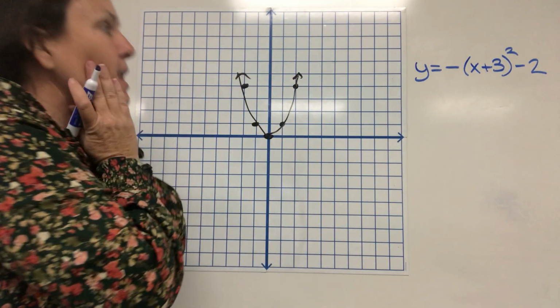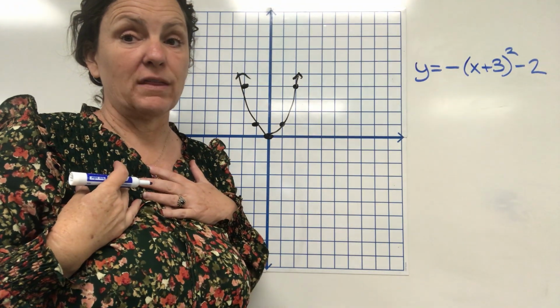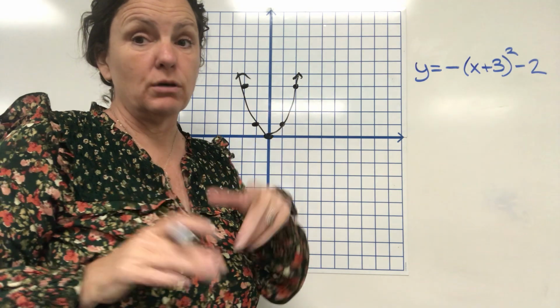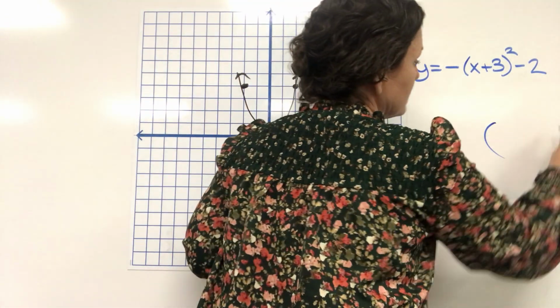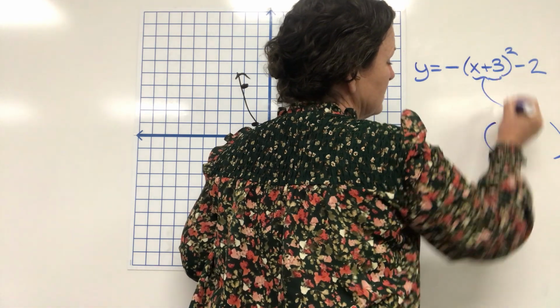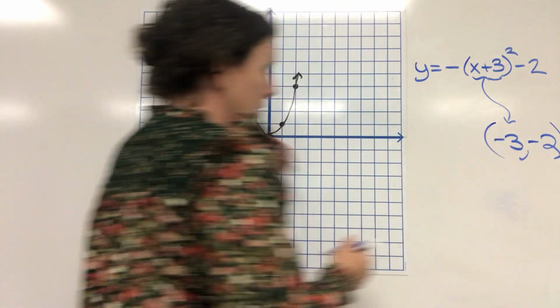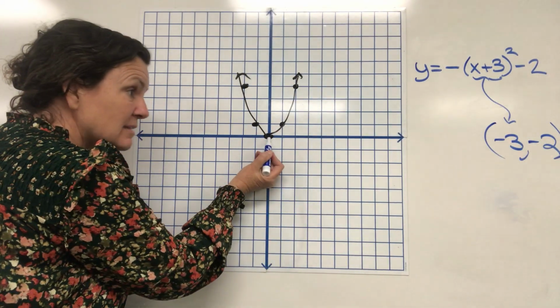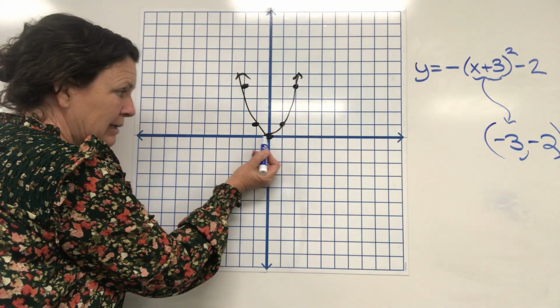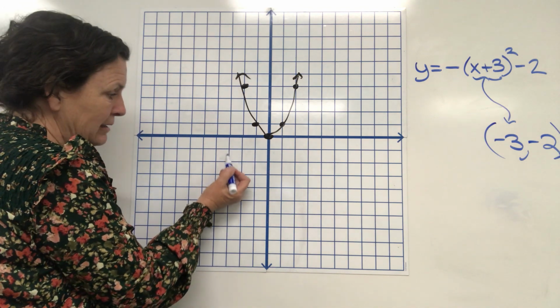Okay. I personally think the easiest thing to do is find the vertex right away, but that's up to you. So for the vertex, we take the opposite of the guy in the parentheses. That would be a -3, -2. That's my vertex. Literally, this vertex is moving back 3, down 2.